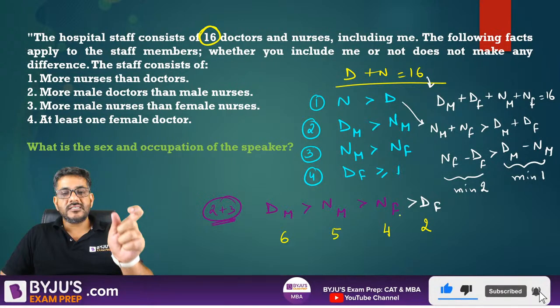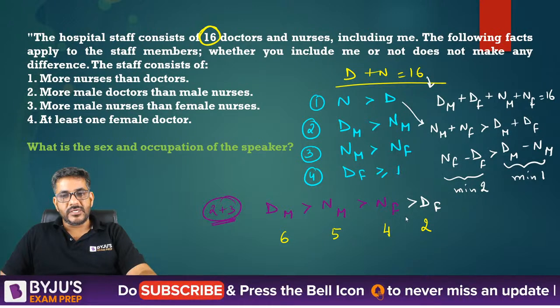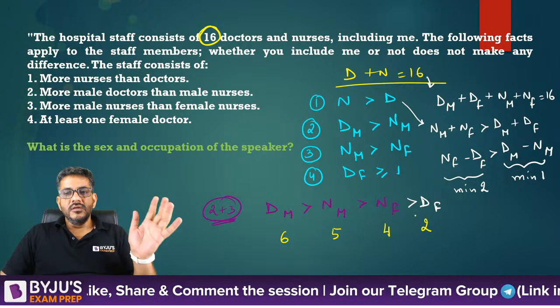That means DF has to be equal to 1. There cannot be any other possibility for this. I'm sure you all got this. I repeat, DM minus NM is minimum 1. NF minus DF is minimum 2. If I take DF as 2, in that case NF would be minimum 4 because I am taking the difference as 2 for now. So 2 and 2 makes 4, with 4 I have to take this 5.